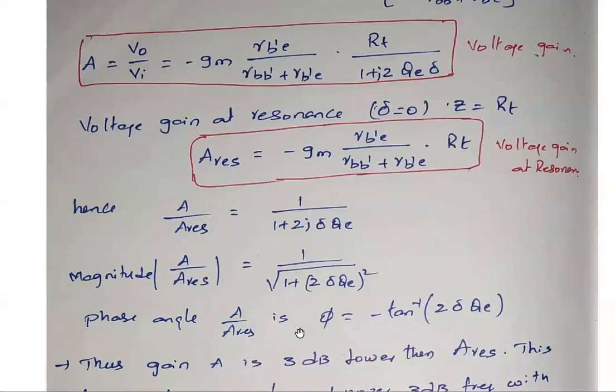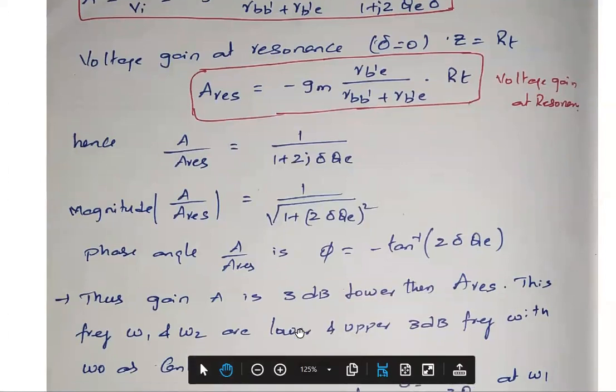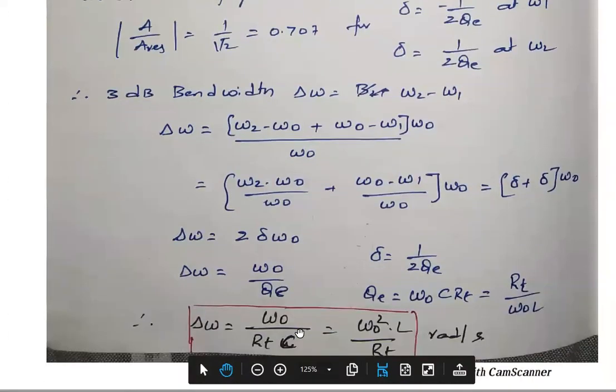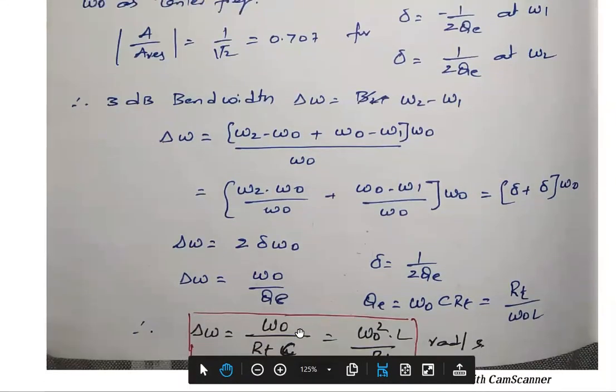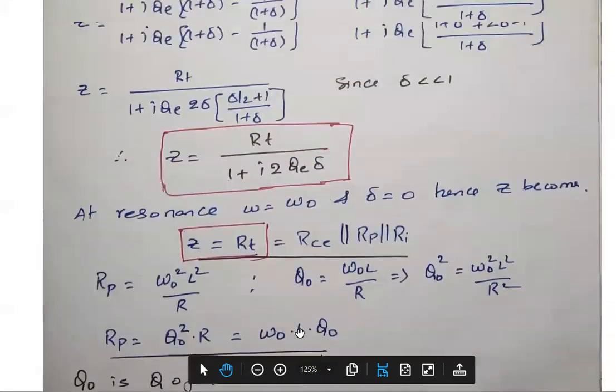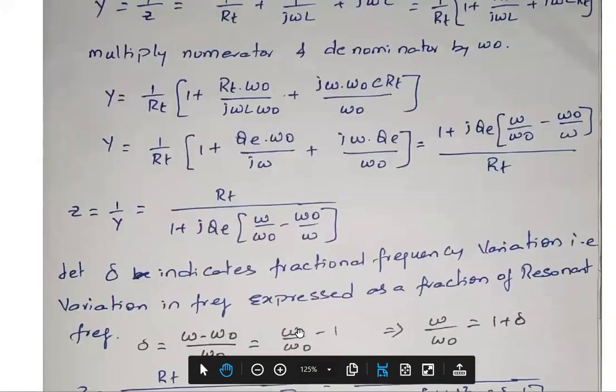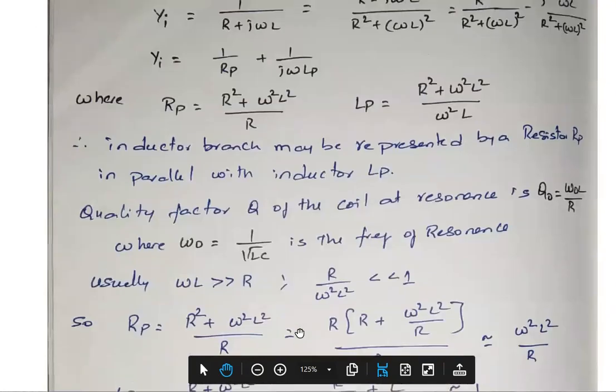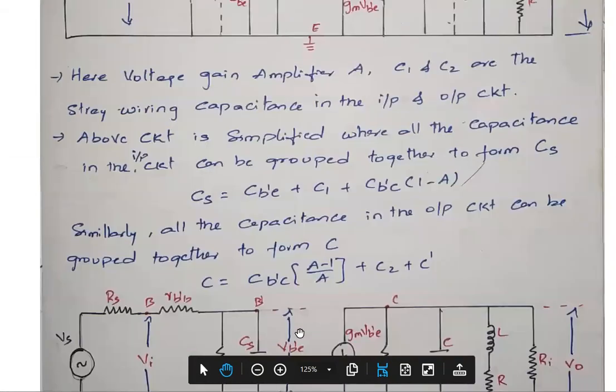Okay, and bandwidth relation. Okay, this is page 1, page 2, page 3, page 4. This is a 4 pages derivation.